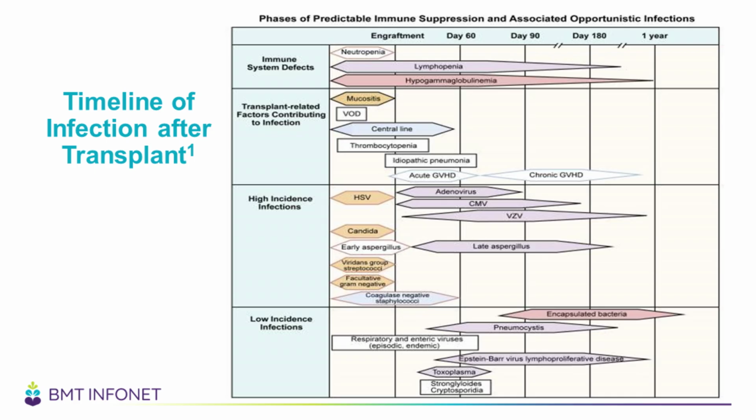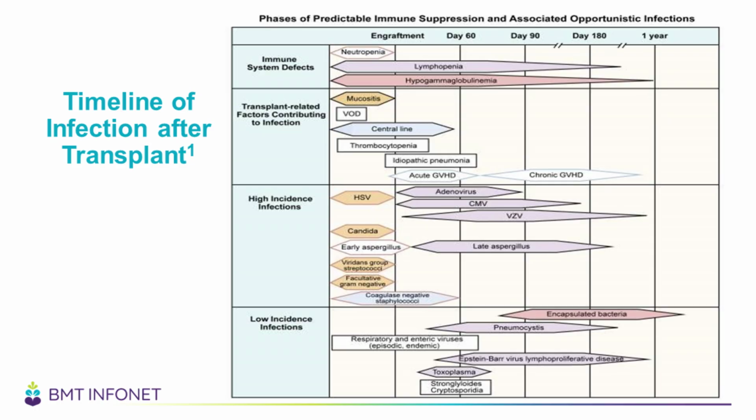This figure shows when common infections occur after transplant and what specific factors in a patient contribute to the specific infection. Because not every patient will get every infection in this figure or every infection that we talk about today.